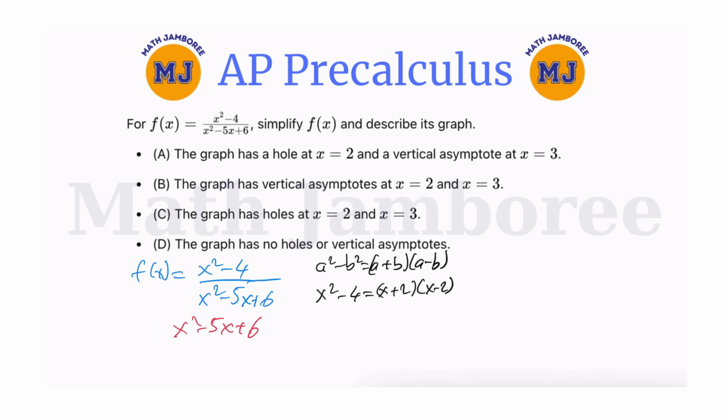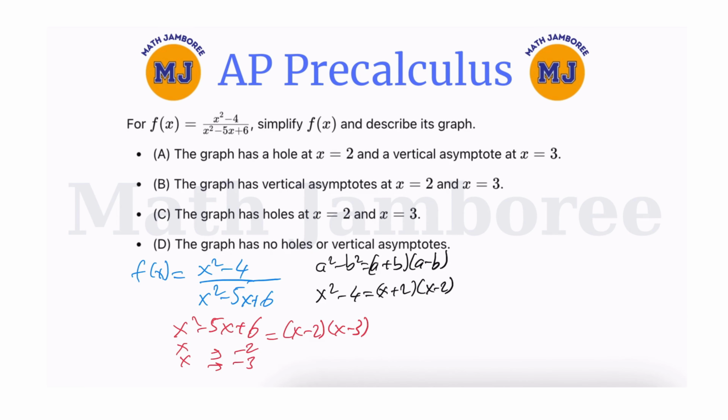So over here, when you multiply, what numbers do you get? 6, 2 by 3. And when you add them, you're supposed to get negative 5. So they both must be negative. So this equals x minus 2 times x minus 3.